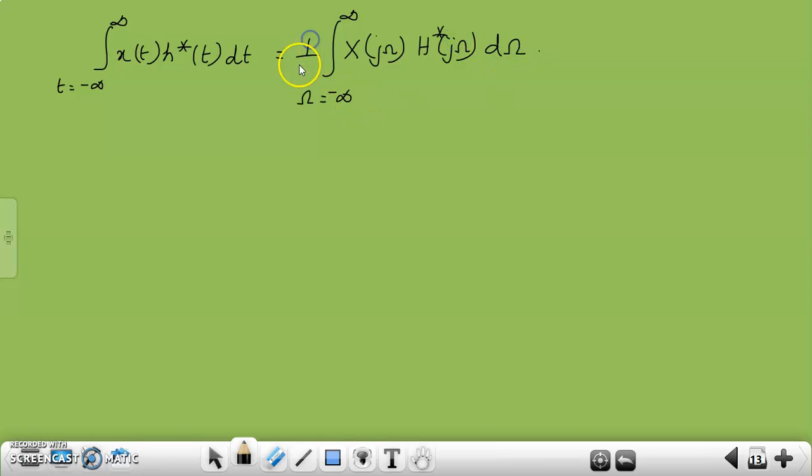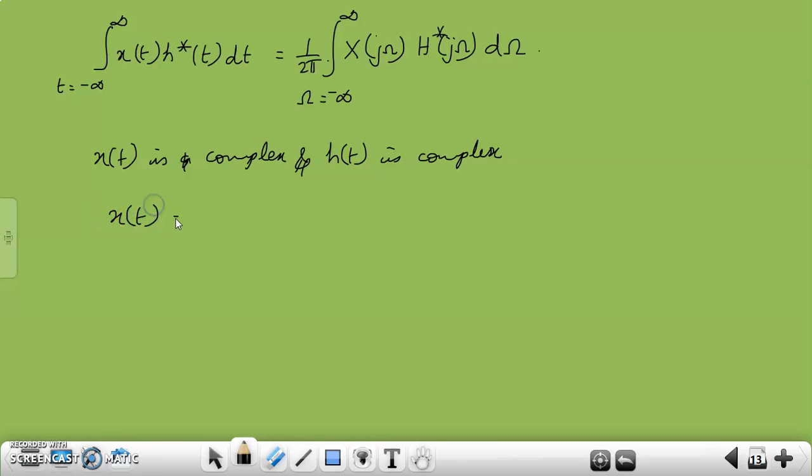Okay, 1 by 2 pi is also there. Now our assumption is that x of t is a complex function, and h of t is complex. Now I am taking x of t equal to h of t.